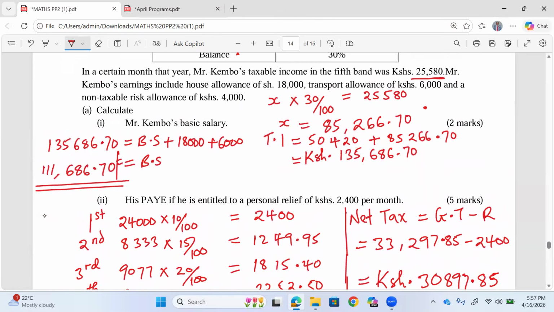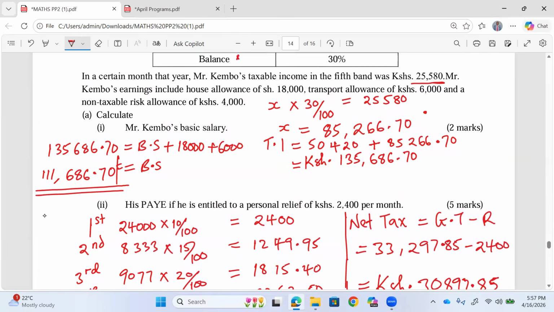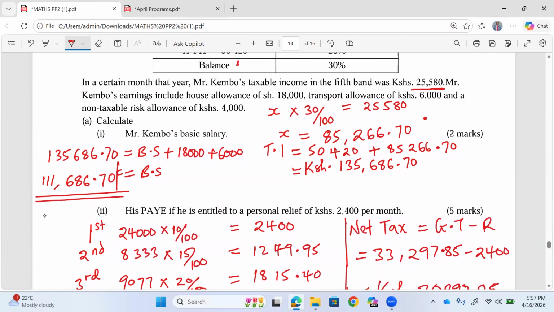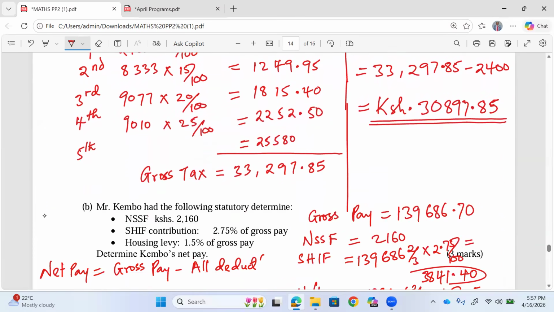And something else that you are supposed to know, ladies and gentlemen, is that when we talk about gross income, it is everything: the taxable income plus whatever was not taxed.